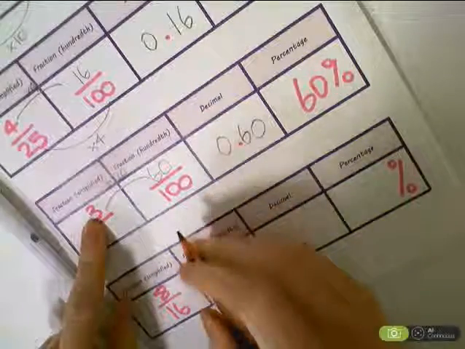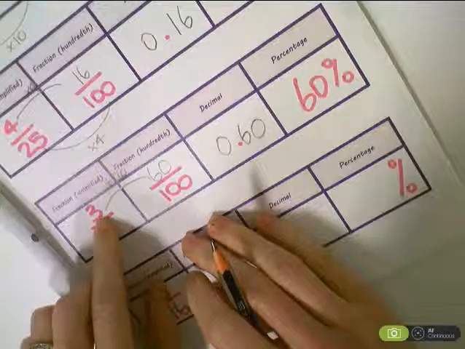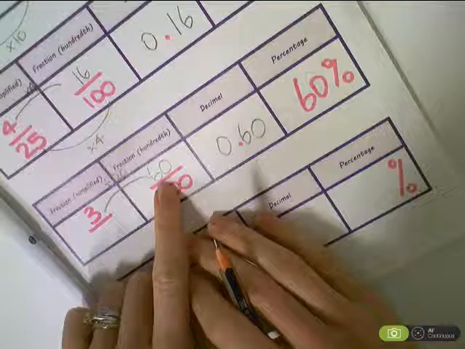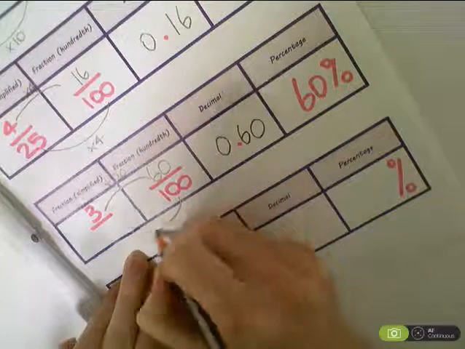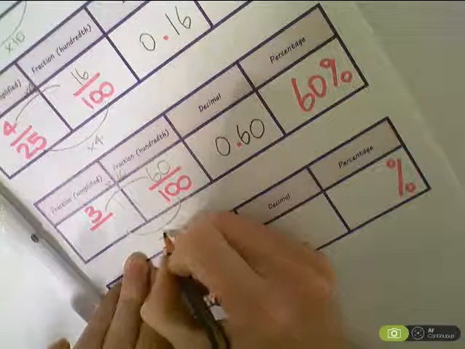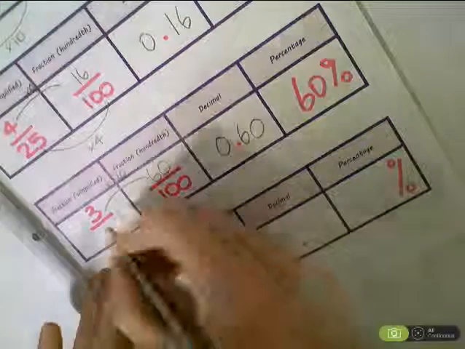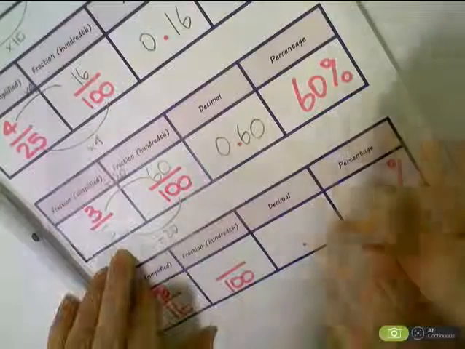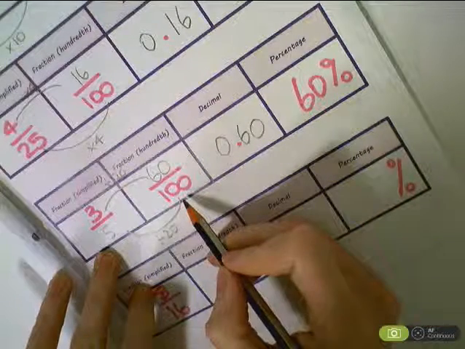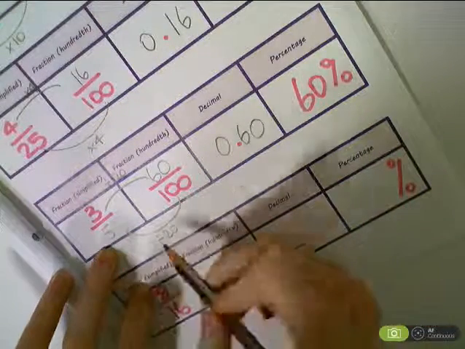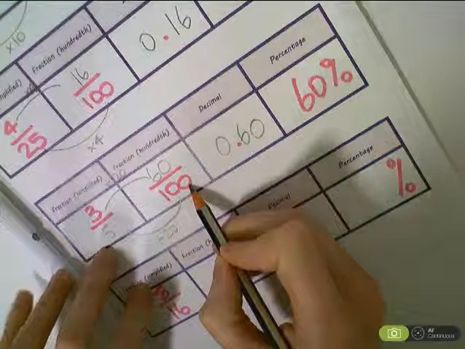I can check that by thinking 3 multiplied by 20 is 60. So if I divide my denominator by 20 as well, 100 divided by 20 is 5. And again, I can check my answer by going the opposite way. 5 multiplied by 20 does equal 100.